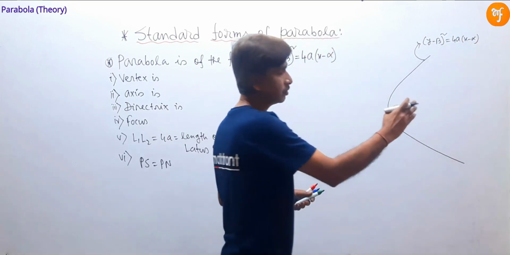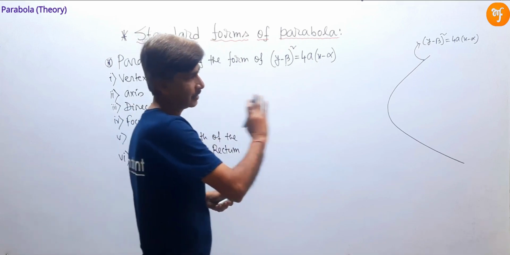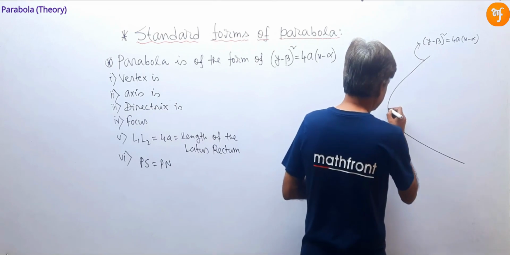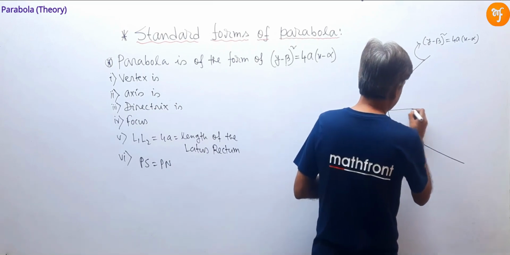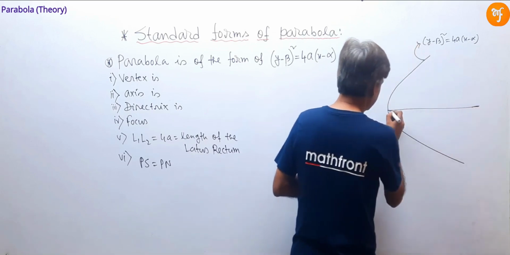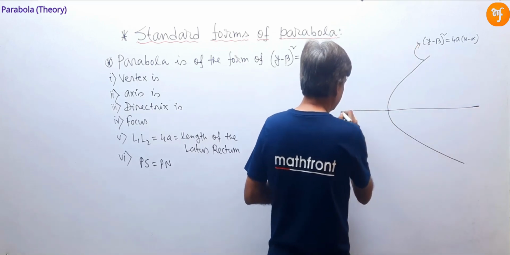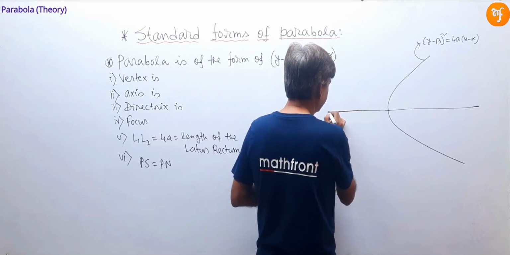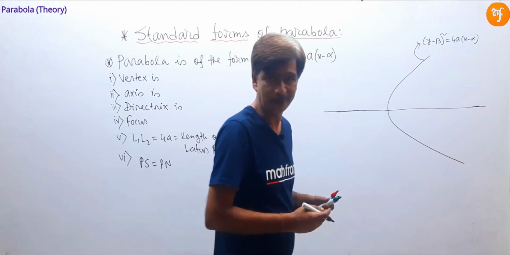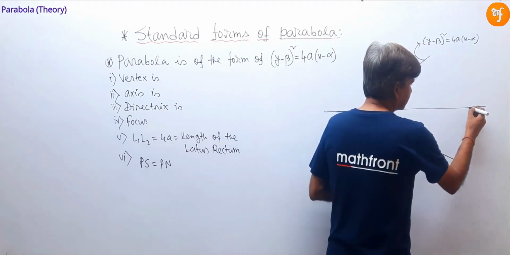So the parabola looks concave at the right hand side. And this is the line which symmetrically divides the curve. So that is why this is the axis of the parabola. So this is the axis.